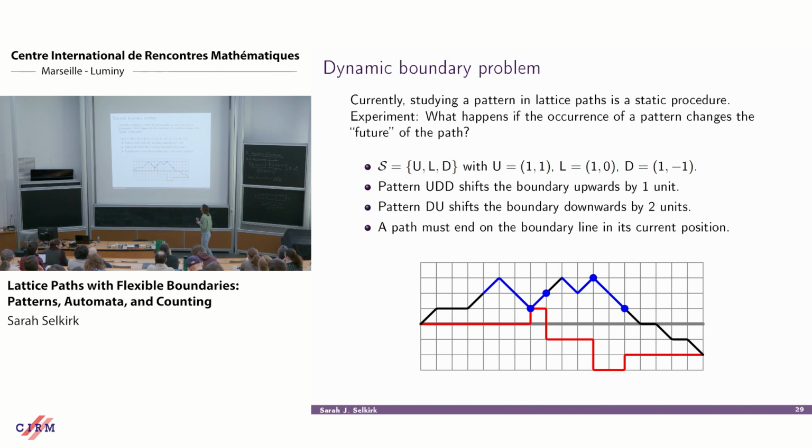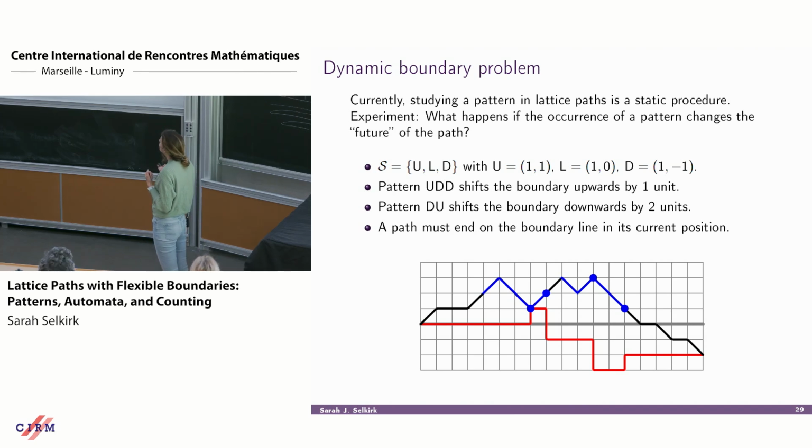So in this case, we have a standard Motzkin path, but if up, down, down occurs, we move the boundary up. That's immediately after the last step of the pattern has occurred. And if down, up occurs, then we move the boundary down. That's immediately after the last up step of down, up.